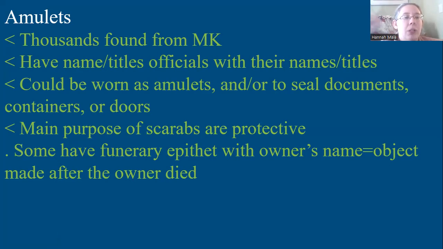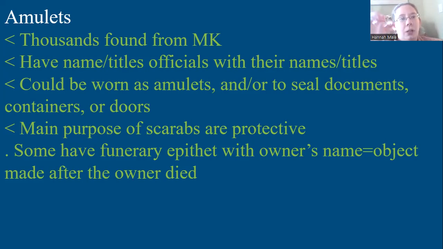This is one of the main ways that we get the names and titles of officials, because the amulets have their titles and their names. So it seems that amulets could be worn as amulets, around the neck or somewhere on the body as protective, but they're also used as seals, to seal documents or doors or containers.